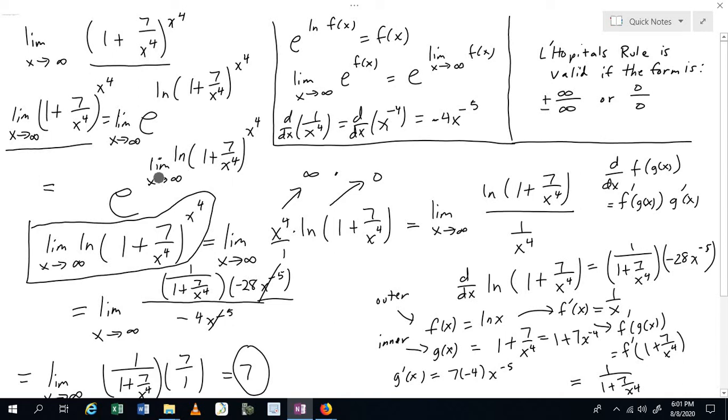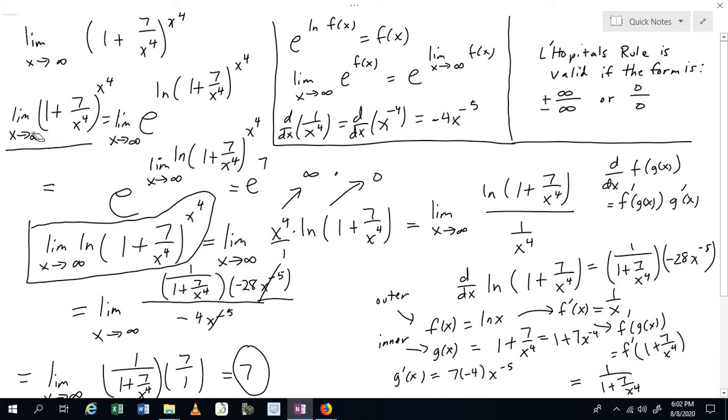And we know what this limit is equal to up here. This limit right here is 7. And so this is going to be e to the 7th power, because this is getting closer to 7. And so that's the original limit that we were trying to find.